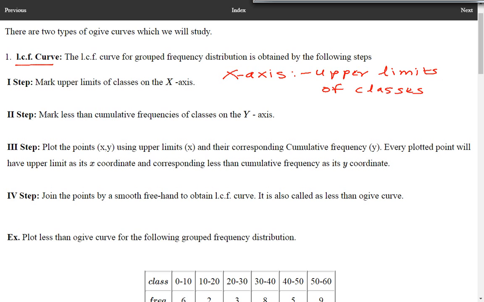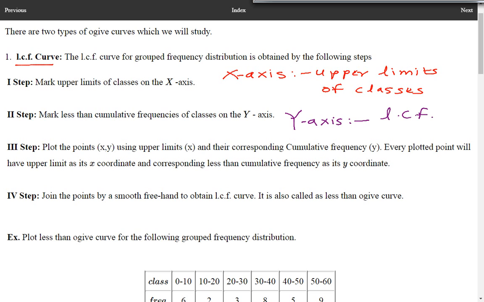On the y-axis, less than cumulative frequencies are plotted.